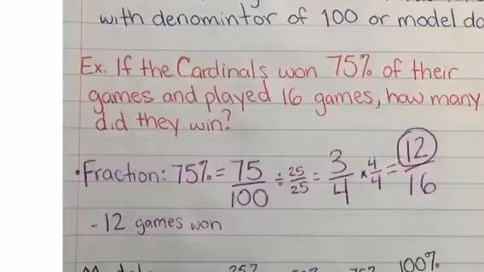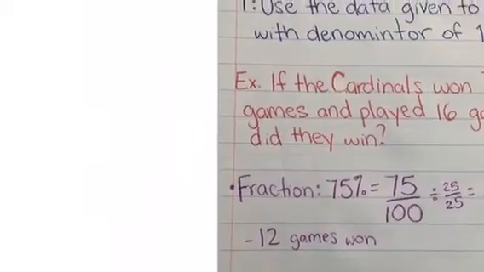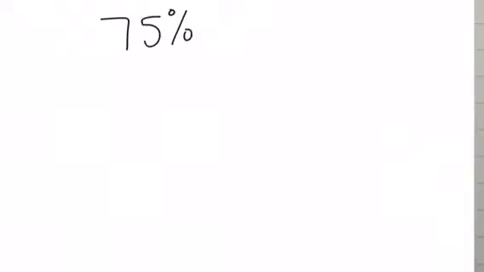Now, if that was somehow hard to follow, which I'm sure for some of us it was, let's have some blank space and watch it happen in real time. So we have 75%. Really, we want to know what's 75% of 16.